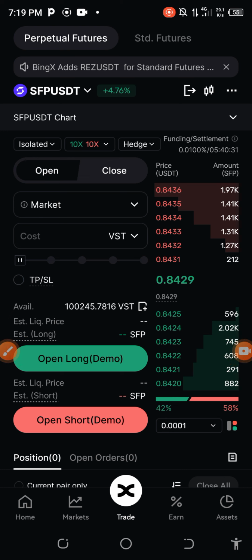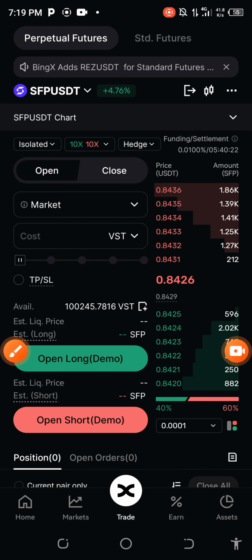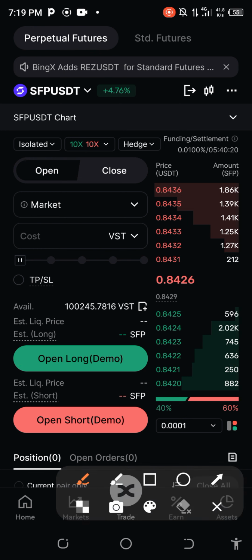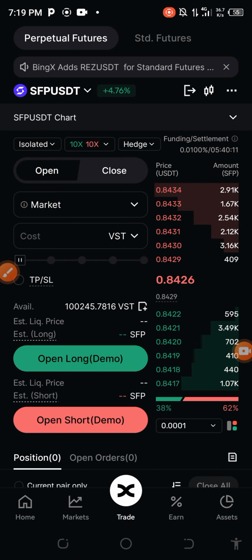Assuming you are on demo and on this page, the next thing is to set this. You need to learn our strategy by clicking on this place where they write isolated. If it is on cross, we don't use cross in our strategy, we use isolated. Make sure it's on isolated like this.